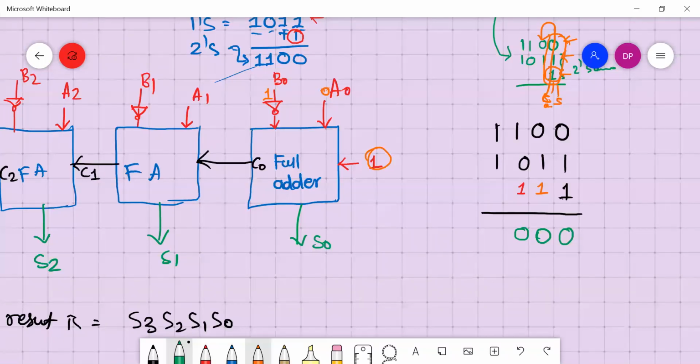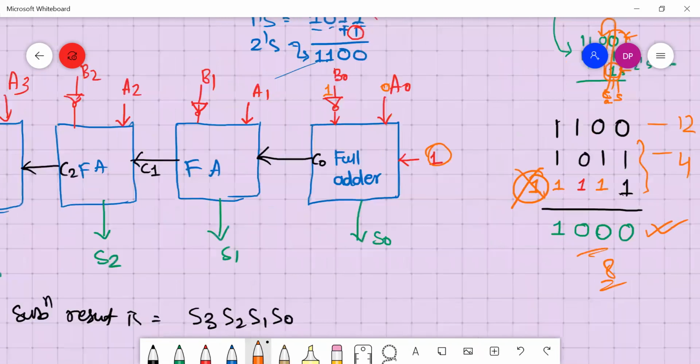Let's write the carry over here. 1 plus 1 is 2, 2 plus 1 is 3. 3 means 11, isn't it? So the sum is 1 and the carry is 1. So we discard this carry. This is the answer. This is 8, isn't it? This is 12 minus 4, so the answer is 8. Right?